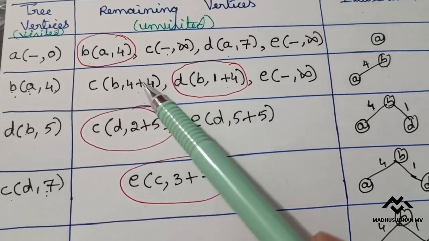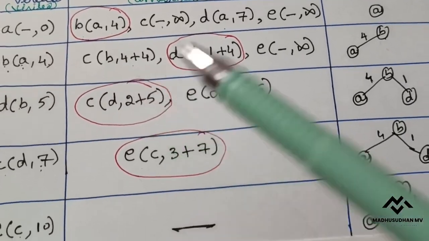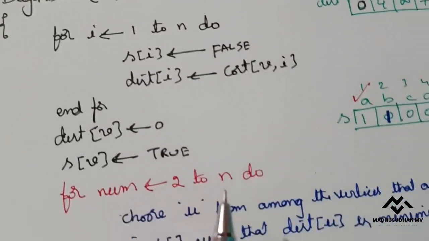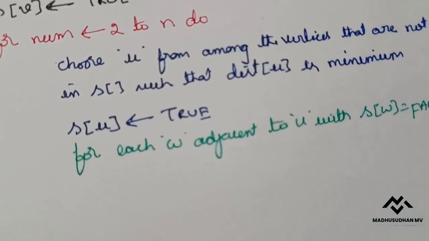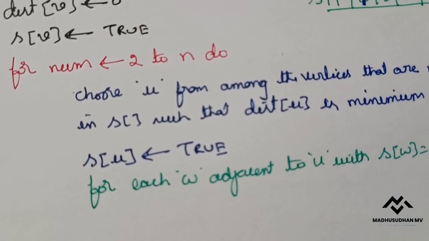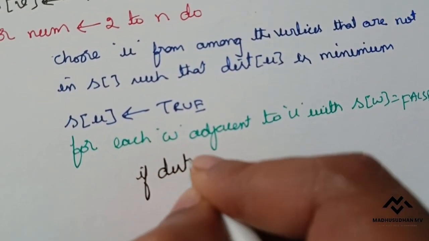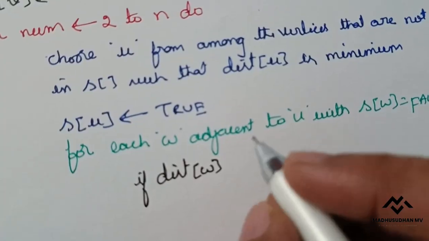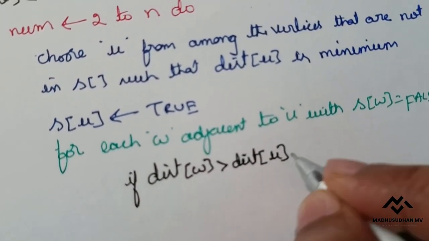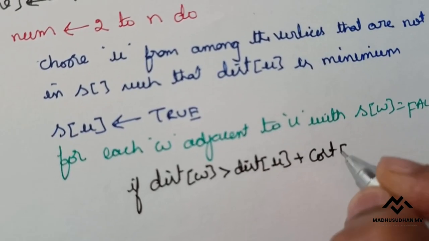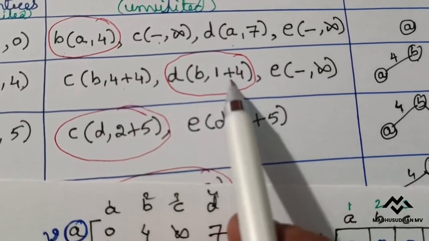If the previous value is greater than the new value, only the new value I need to consider. So I need to write the equation. Here the new value is W. So now I need to check if distance of W is greater than distance of U plus cost of reaching. See, that is what we wrote: cost of reaching from that vertex to that one, plus, we wrote everywhere.